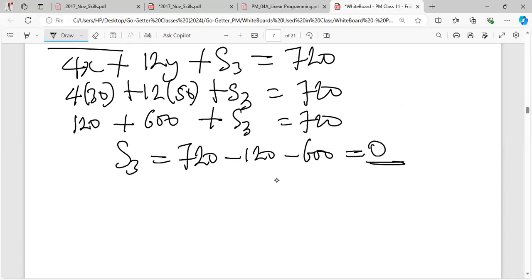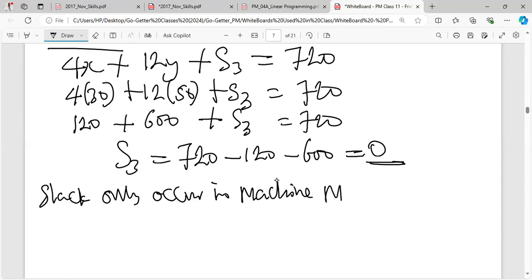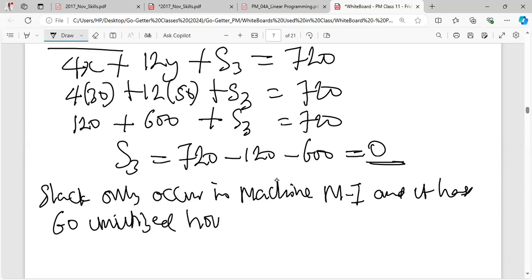So you say slack only occurs in machine 1, M1, and it has 60 unutilized hours after production, or optimal production.